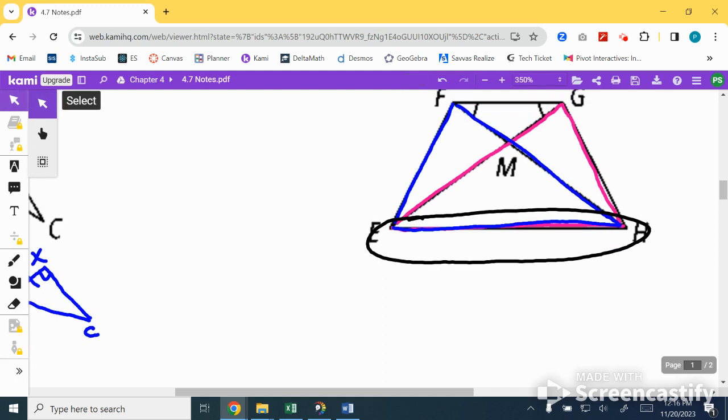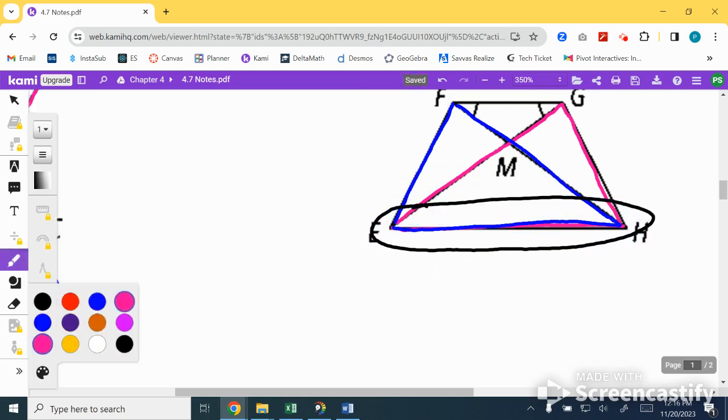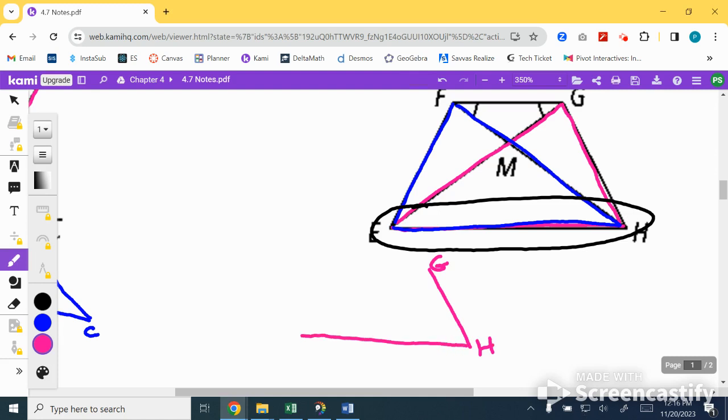Let's do G to H. And then H goes straight over to E. Then we go back up to G. And I can do the same thing with my blue triangle.